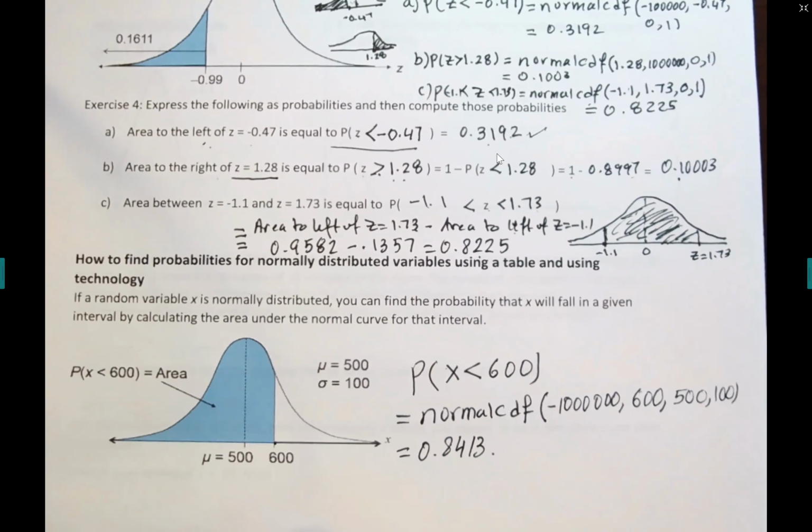Now I have a question for you. Let's say you didn't have technology and you only have the tables and you need to solve this problem. How would you go about doing this? To be honest with you, guys, I started to allow students to use the TI-84 in this chapter just a few years ago, but prior to that, they used to do it using table 4. So let's assume we want to use table 4.